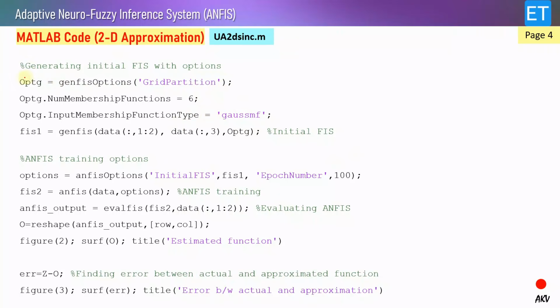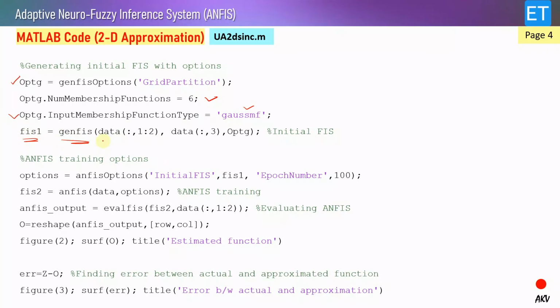First, with the help of ANFIS we will create the structure, but before that we have to define its parameters. With the help of the ANFIS options we will define the number of membership functions. We are taking 6 per input, and then we are defining the input membership function type. Here we are taking Gaussian membership functions. Then with ANFIS we are creating this model FIS1.